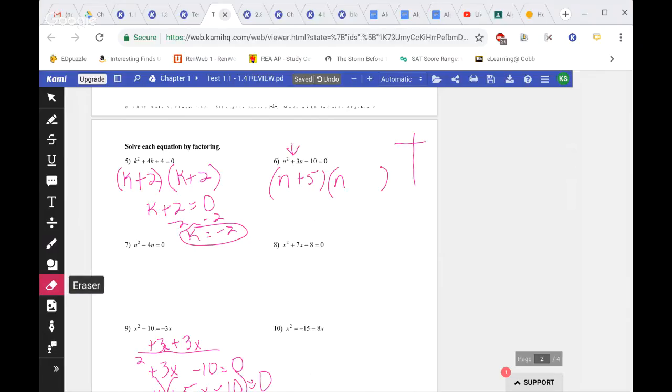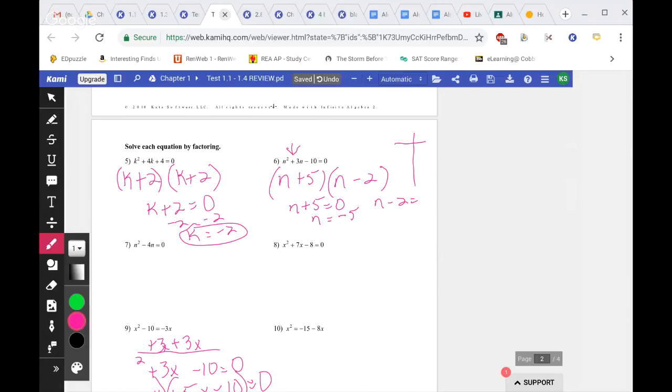So not k, but n plus 5 equals 0, minus 5, so n equals -5. And then n minus 2 equals 0, plus 2, n equals 2. Perfect. Okay. So I understand those.